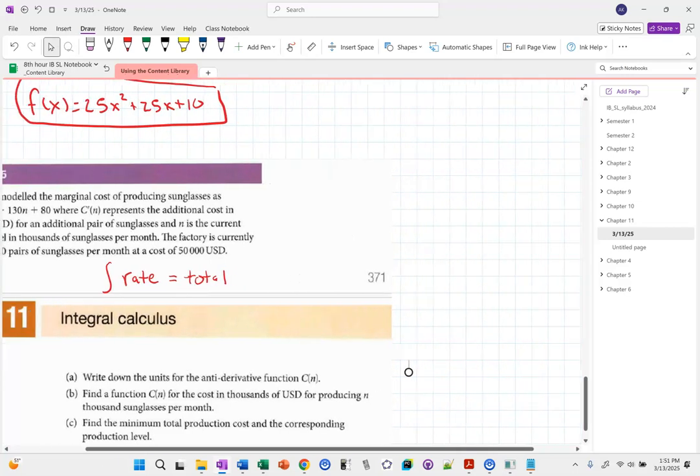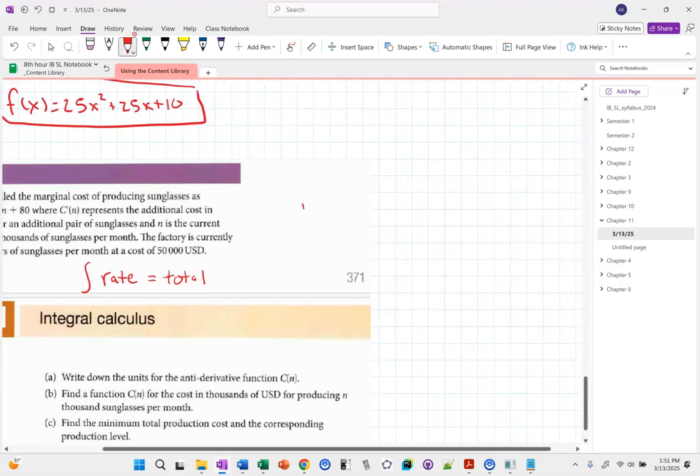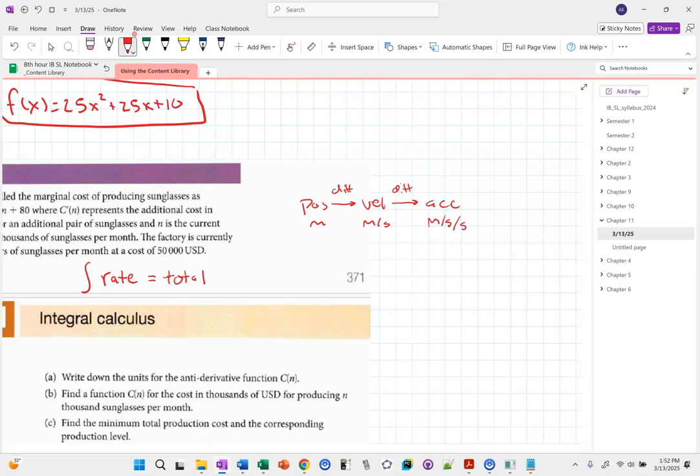Now, let's talk about this units situation. So remember we talked about in chapter 9, position, velocity, and acceleration, right? Let's try to focus in on this idea, because this is not a difficult idea, but subtle.